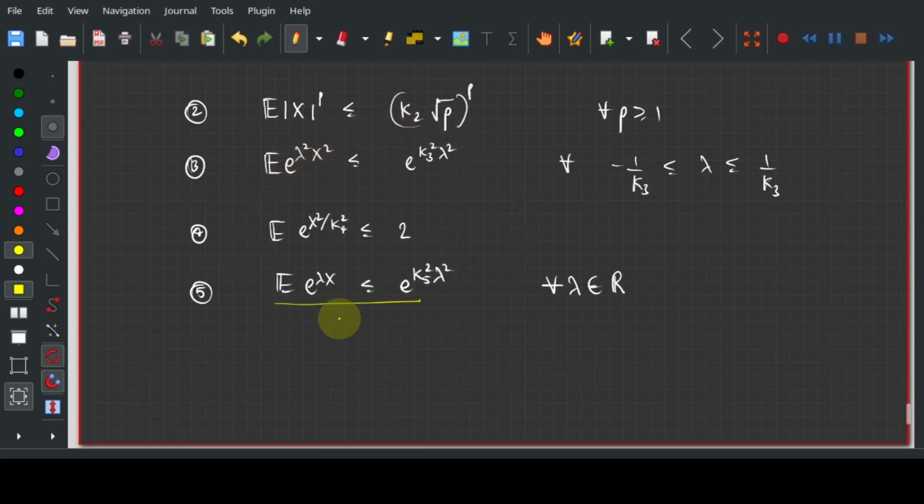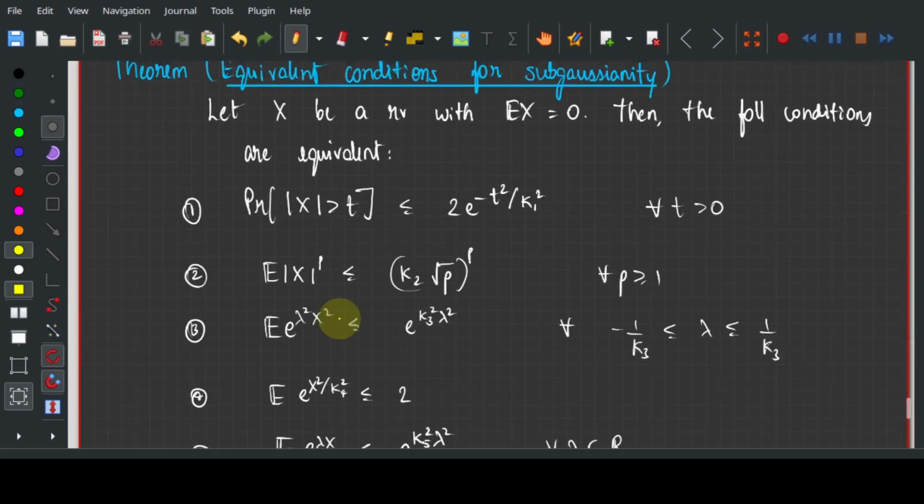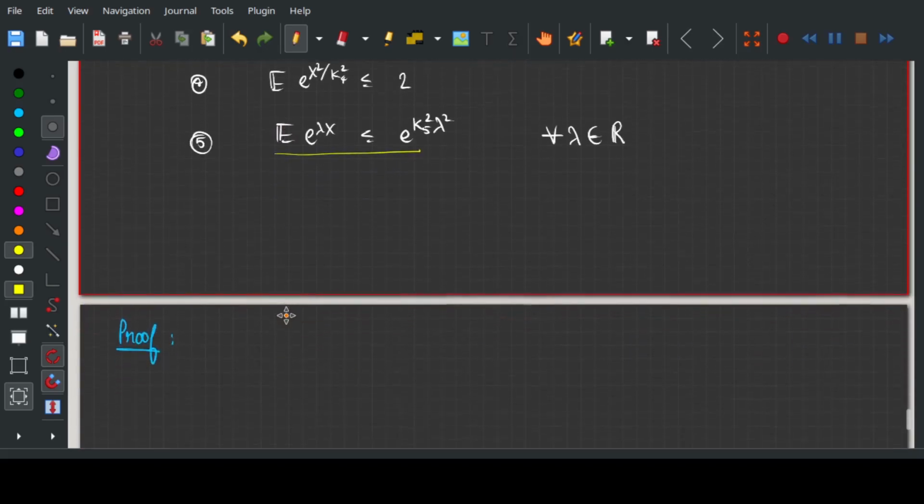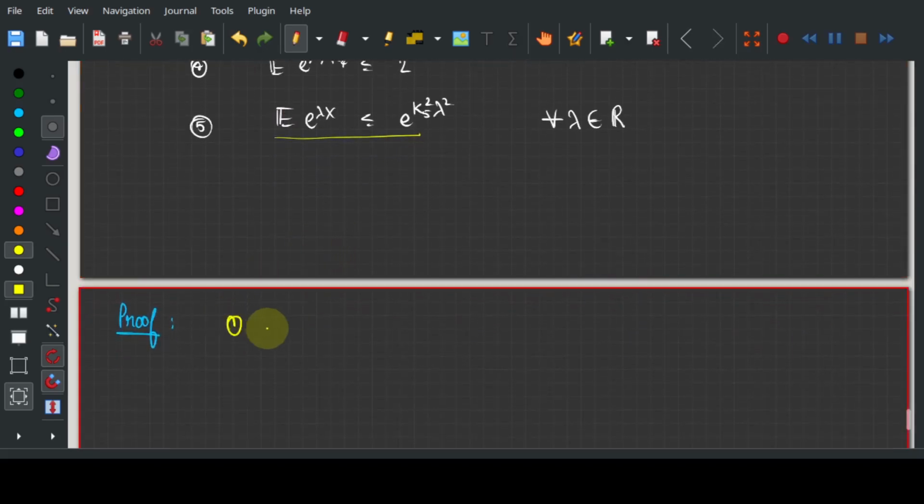So now that we have this, let's prove these statements. Suppose that this is true. Let's try to prove that the first statement implies the second statement.